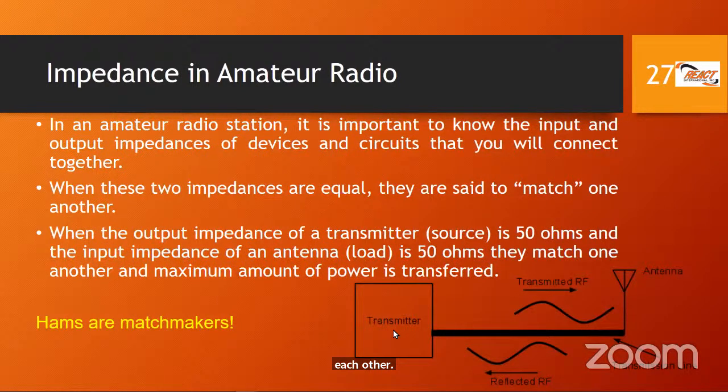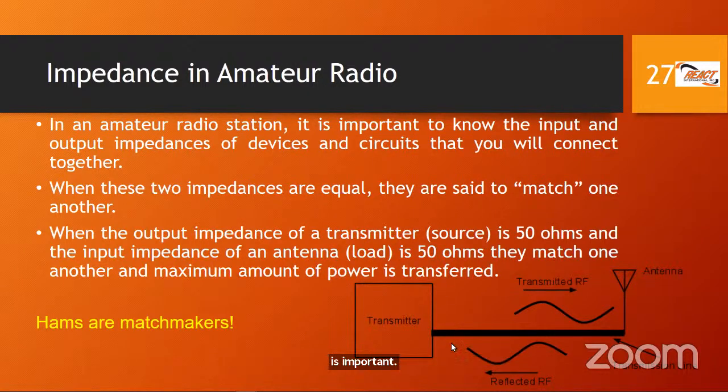They need to match. If they're not matched, you generate heat, you can damage equipment, and of course, you're spinning your wheels like a top in mud, going nowhere, and consuming a lot of power. In this day and age where the price of electricity is only increasing, you want to make the best use of the power that you are generating at your transmitter. So that's how those concepts become important, because resonance is important and matching is important. That's why we say hams are matchmakers.